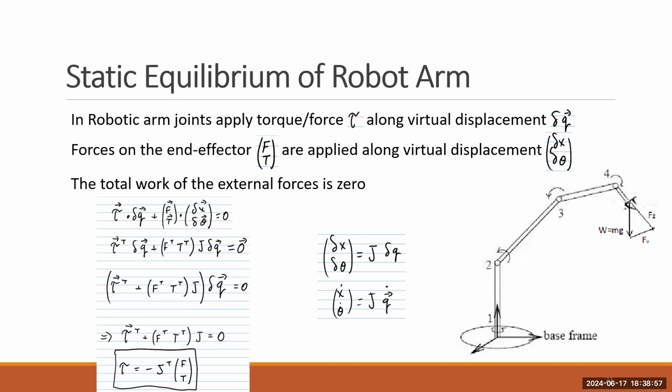When I have an external force, I multiply it by the Jacobian transpose, and that torque in each motor has to be minus this in order for the system to be in equilibrium.